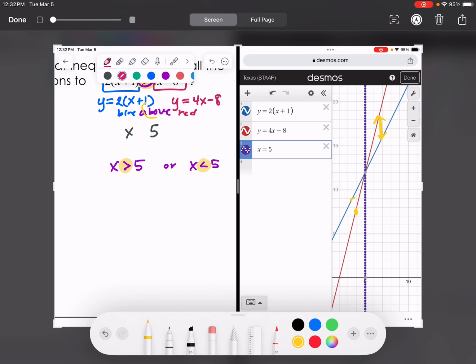And so I want to know where blue is above the red, and that's this part of the graph over here. And so because I care about the left side, I want the less than for my inequality. Okay, so when you see that you're to the left, you want the less than inequality. Okay, it looks like an L.